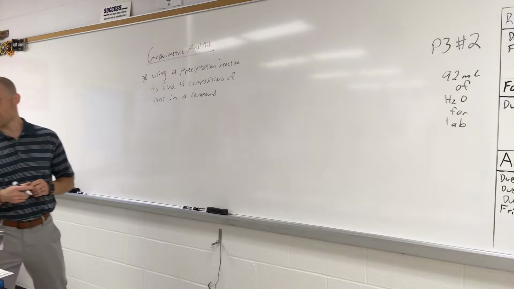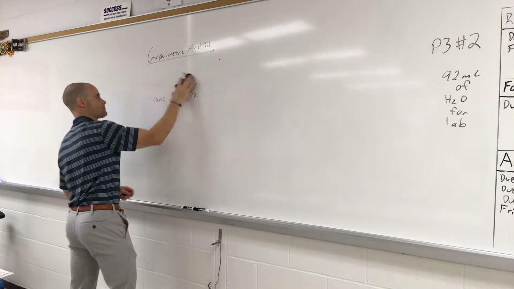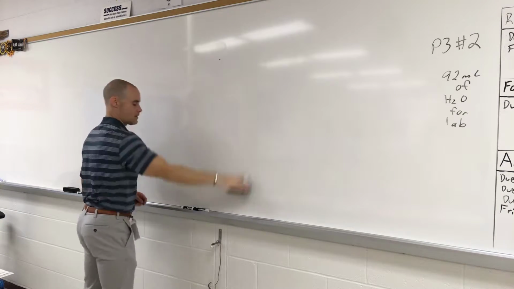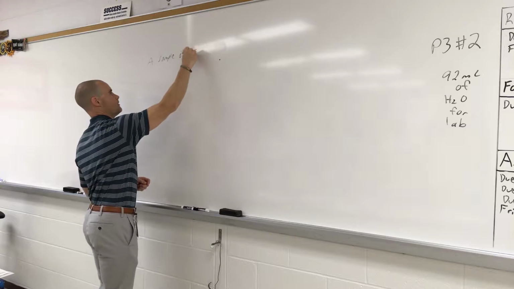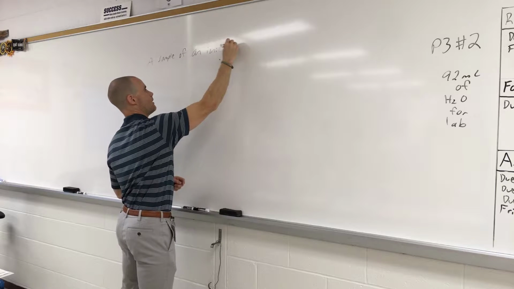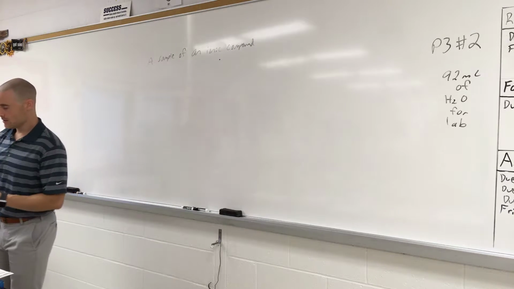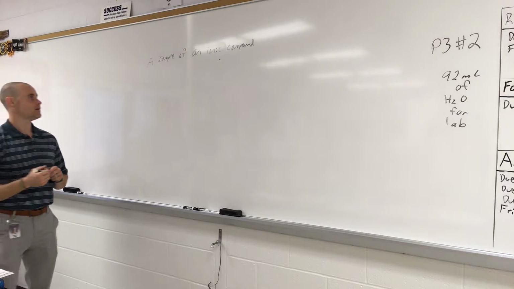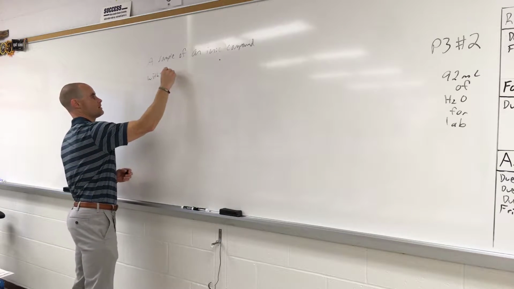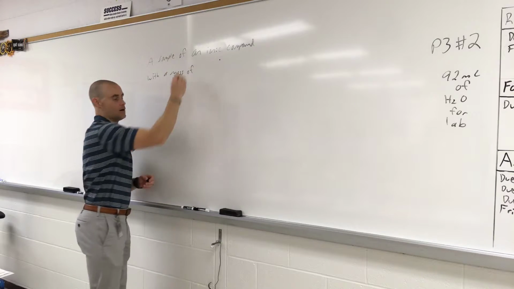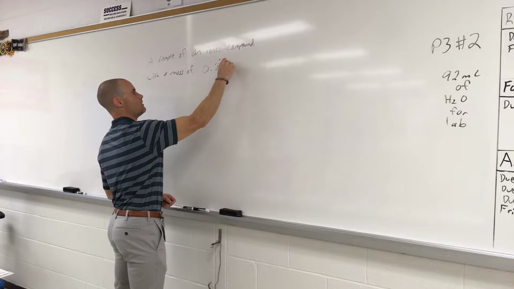All right, so here we go. A sample of an ionic compound. So let me make space. Make sure you write this question down so you have something to look at when you're doing the pre-lab. A sample of an ionic compound with a mass of 0.250 grams.